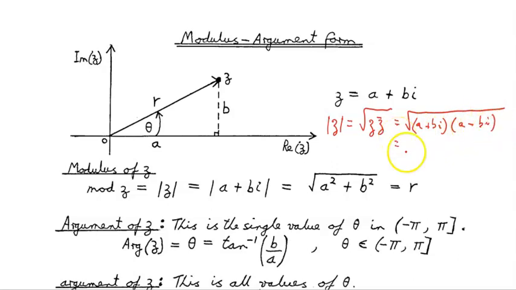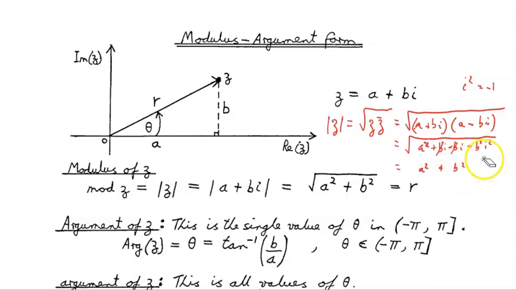If you work that through, we've done this before, we have a squared, the plus bi and minus bi terms cancel, and then we have minus b squared i squared. Remembering i squared is minus 1, minus b squared times minus 1 gives us plus b squared.